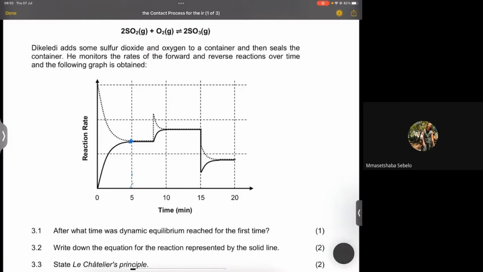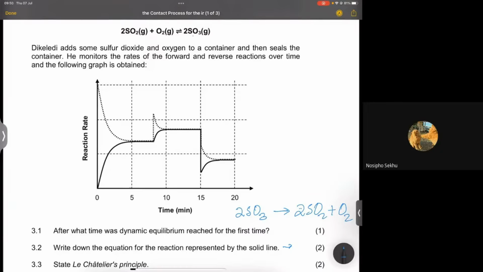The solid line, which reaction does it represent, forward or reverse? Reverse reaction. So it's going to be 2SO3, which will give us 2SO2 plus O2. They wanted to see whether you understand that this is the reverse reaction. And remember, the reverse reaction has SO3 as a reactant and SO2 and O2 as products.